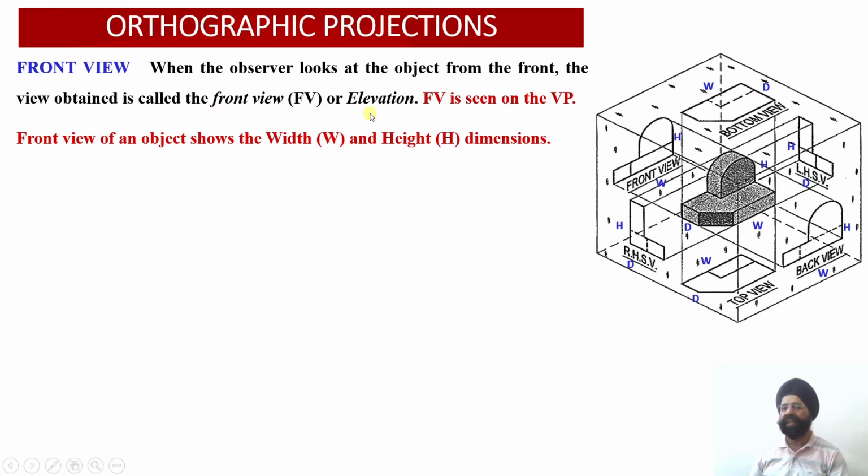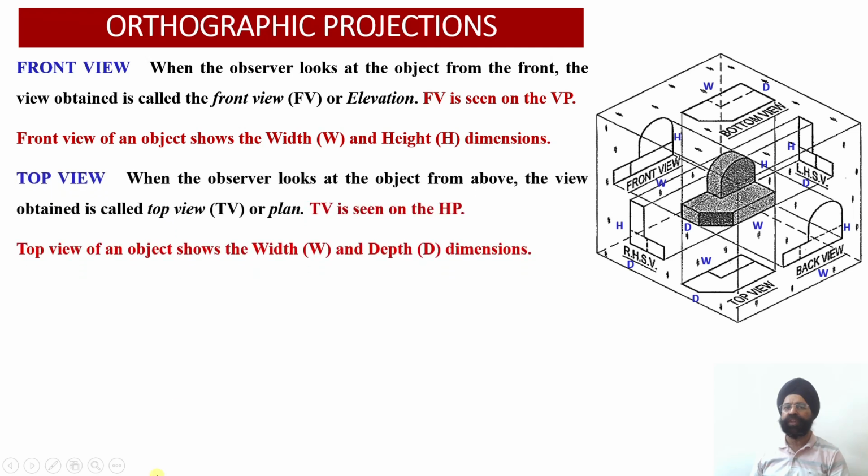Front view is obtained on the vertical plane. And what are the dimensions of the object which are available in the front view? This is the width of the object, and this is the height of the object. So the front view is a two-dimensional figure, and its two dimensions are the width and the height of the object.